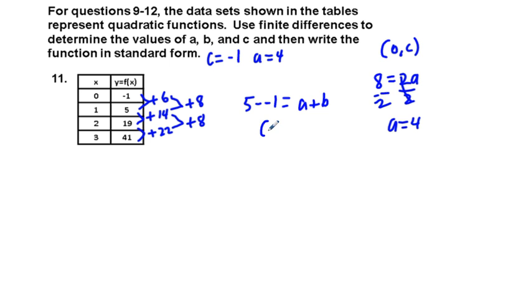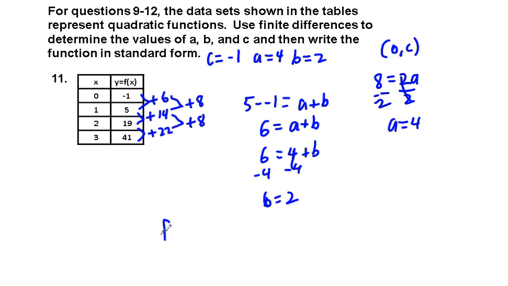And so 6 is equal to a plus b. And so we already know that a is 4. So replacing a with 4, 6 equals 4 plus b. Well, if we subtract 4, we have b is equal to 2. So we have b is equal to 2.